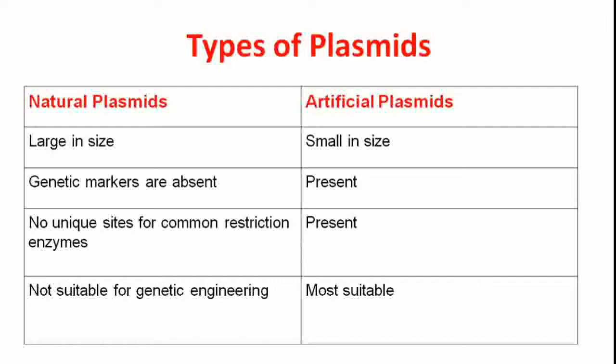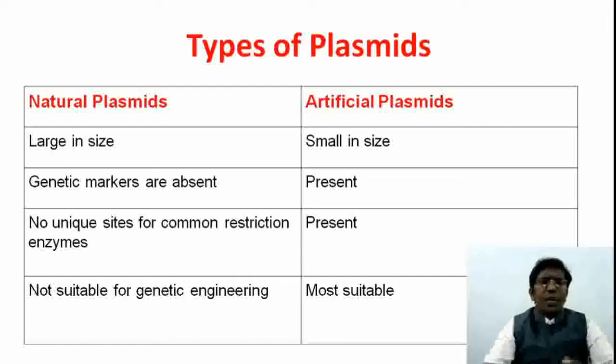And next one is types of plasmids. Generally, plasmids are divided into natural plasmids and artificial plasmids. See, the natural plasmids are the plasmids which occur naturally in the bacteria. They are called natural plasmids. And the artificial plasmids are man-made plasmids.